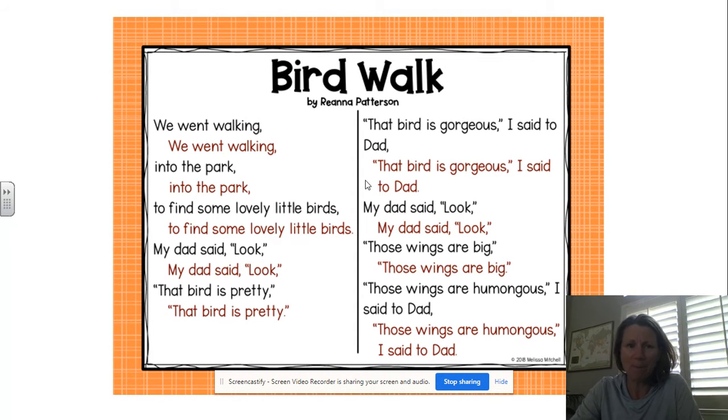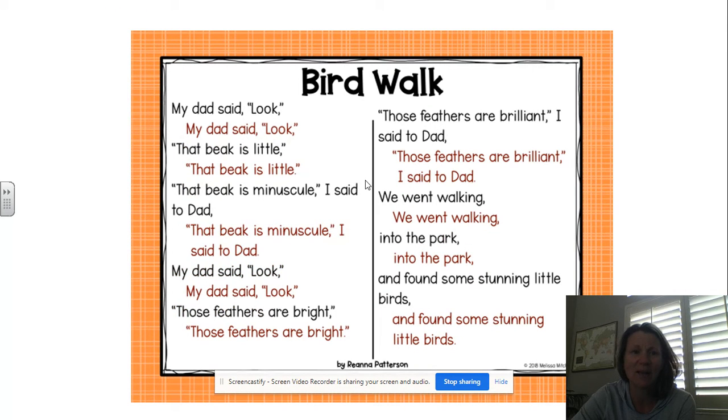Let's do our bird poem. We went walking into the park to find some lovely little birds. My dad said, "Look, that bird is pretty." "That bird is gorgeous," I said to Dad. My dad said, "Look, those wings are big." "Those wings are humongous," I said to Dad.